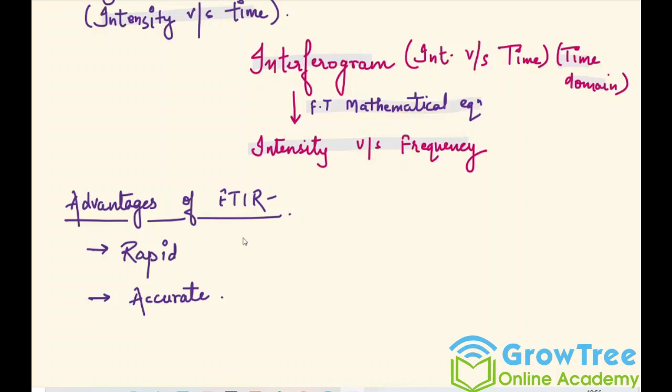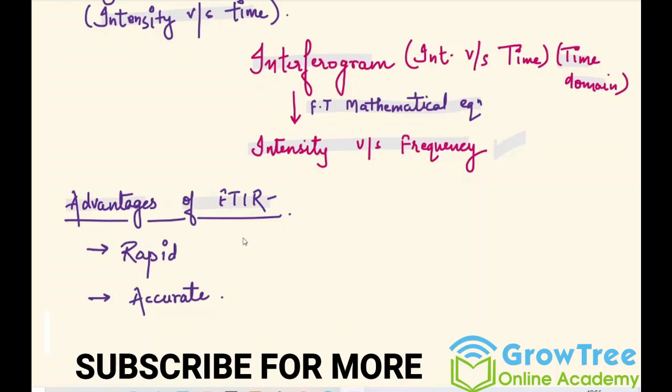An interferogram is not readable by humans, but the intensity versus frequency graph, that is the frequency domain graph, will be readable by humans. That is the significance of the Fourier transform mathematical equation, and that's why it is called Fourier transform infrared spectroscopy. The main advantages of FTIR are that it is rapid, it is accurate, and it can take multiple scans in a very short period of time.